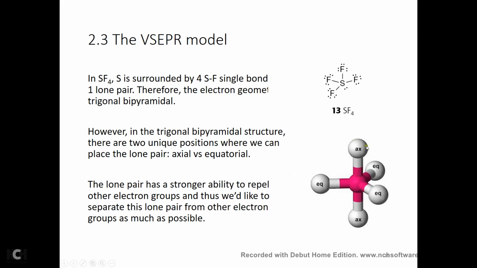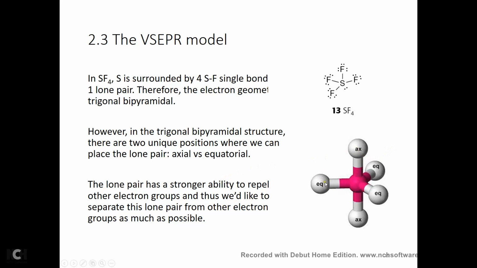If we put the lone pair here, the lone pair is going to have 90 degrees with this electron group. 90 degrees, 90 degrees. So you'll get three 90 degrees and then 180 degrees. The three 90 degrees are just too small. The repulsion between this lone pair and this bond is too big.